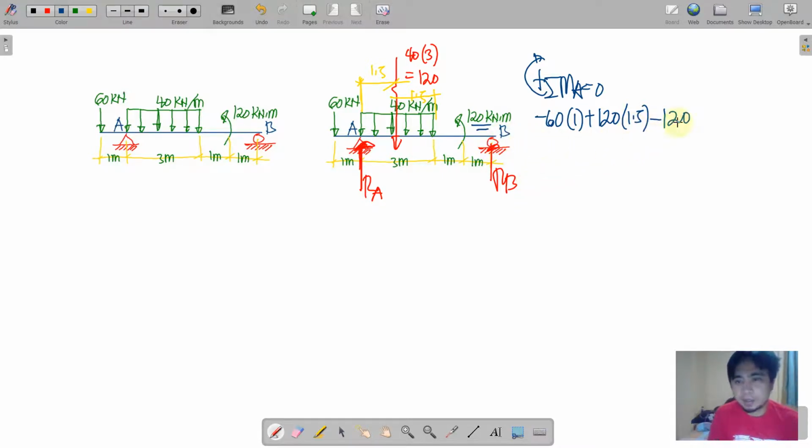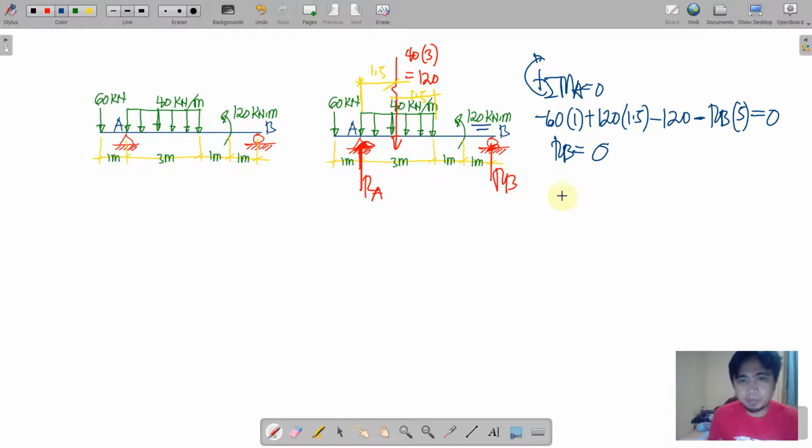And then RB is a negative rotation, that is counterclockwise, RB times the distance from A, that is obviously 5. This is equal to 0. So therefore, RB as computed is equal to 0.